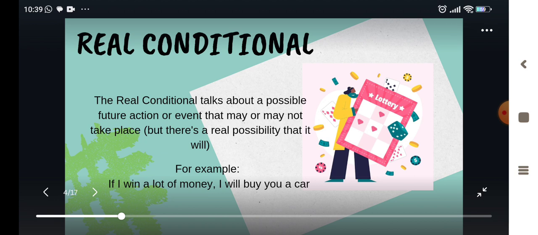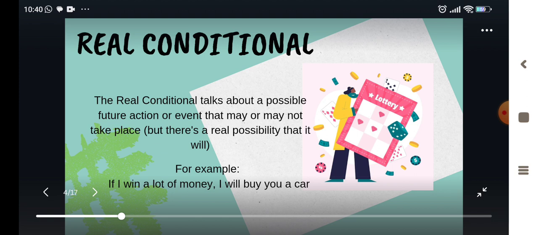The real conditional talks about a possible future action or event that may or may not take place, but there's a real possibility that it will. For example, if I win a lot of money, I will buy you a car. Imagine that you are maybe playing in the bingo or the lottery, and only is missing you one number or maybe one symbol, for example.